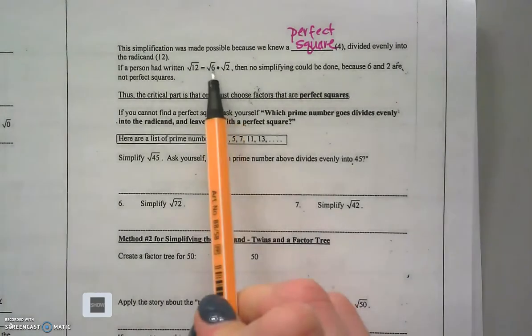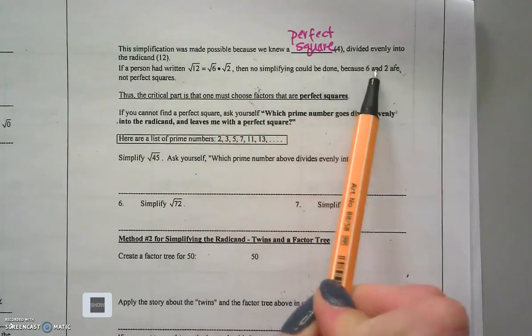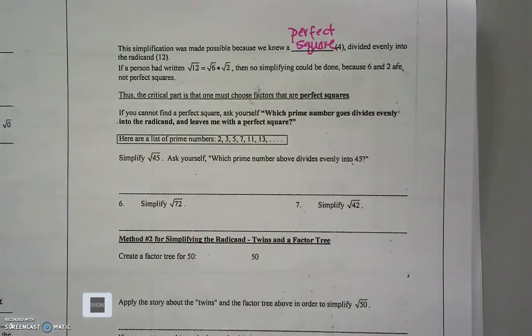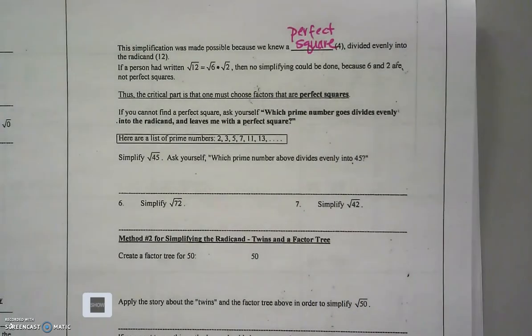If a person wrote 6 times 2, then no simplifying could be done because 6 and 2 are not perfect squares. There are no 2 of the same numbers that multiply to get 6, and there's no 2 of the same numbers that multiply to get 2. So it is super critical that we choose perfect squares.